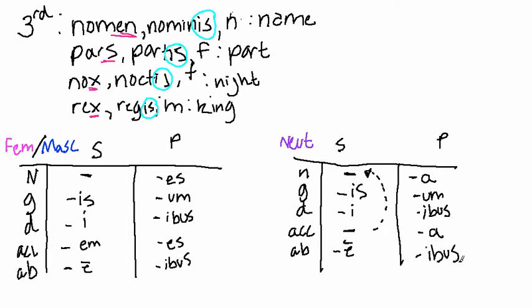And like I did in the second declension video, I'm just going to circle all of the differences between them. Obviously the word will be different. The nominative will end up being different, but there's no difference in the ending. You still just use the nominative.